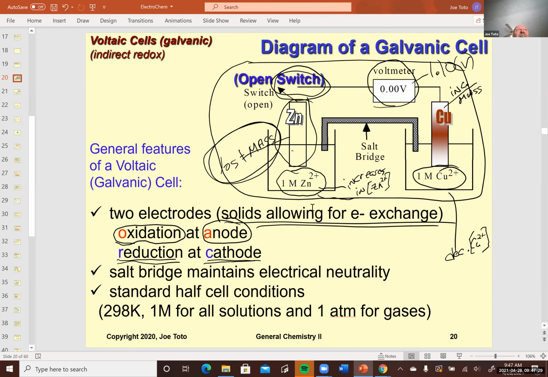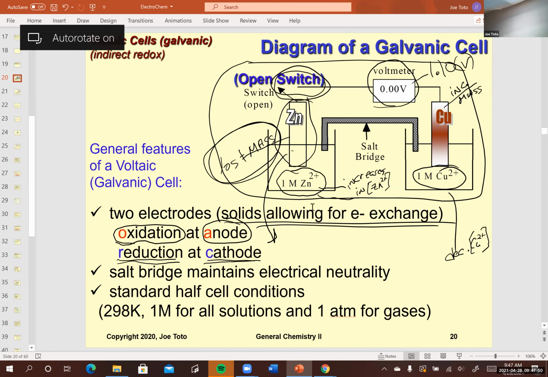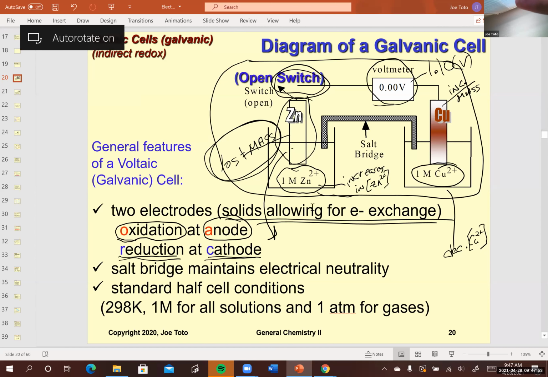So zinc being the anode, that means it's obviously getting oxidized. And so that gives up electrons. So the half reaction that must be taking place right on that zinc electrode is one where the zinc must give up 2 electrons and then dissolve into solution as zinc 2 plus ions.